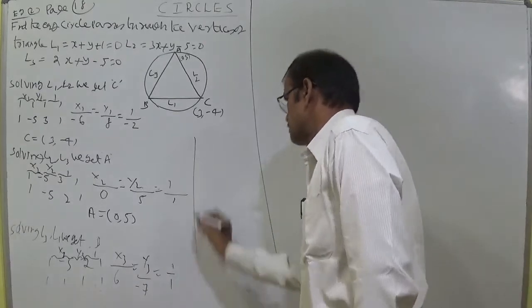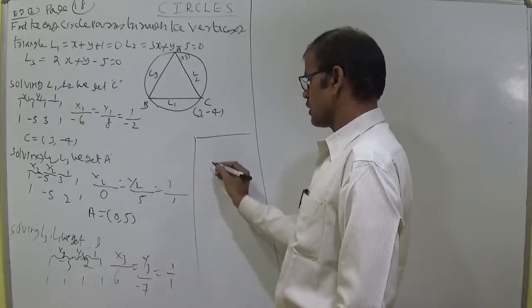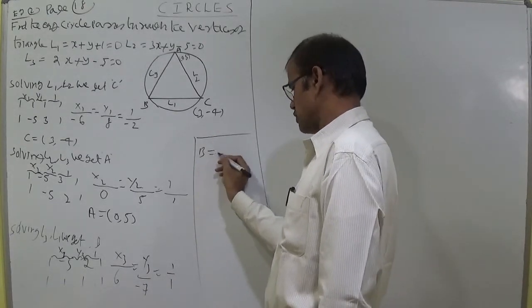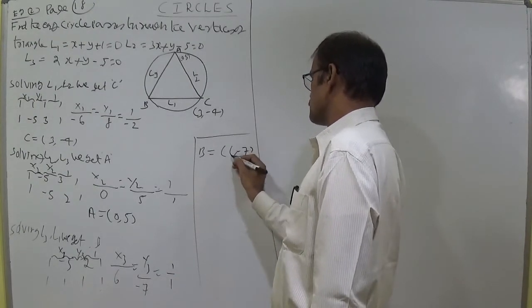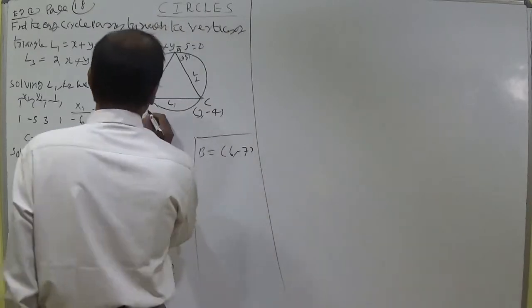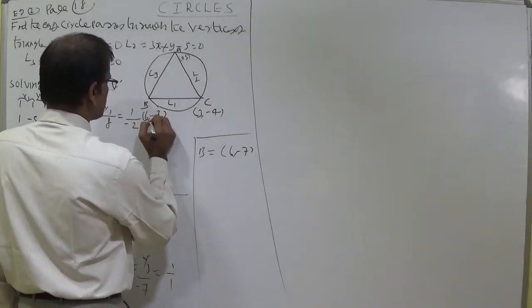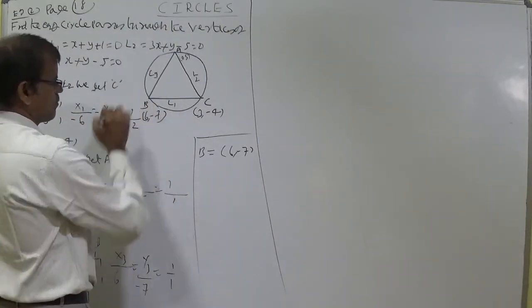So B is equal to 6 by 1, minus 7 by 1. So 6 comma minus 7. At B you write 6 comma minus 7.